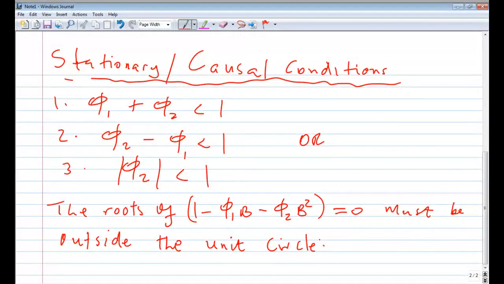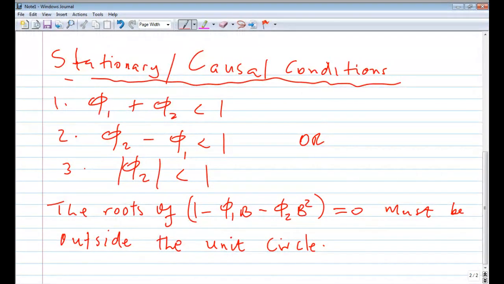Are we together? The process Xt, which is the autoregressive of order 2, to be stationary or causal, the roots or the factors of 1 minus phi 1 B minus phi 2 B squared equal to 0 must all be outside the unit circle.